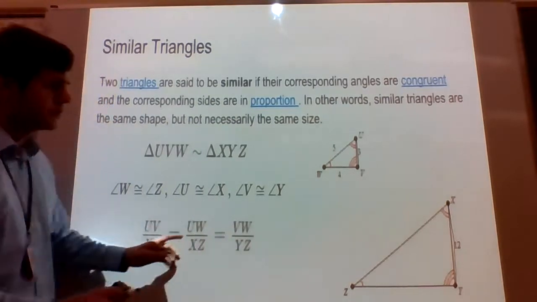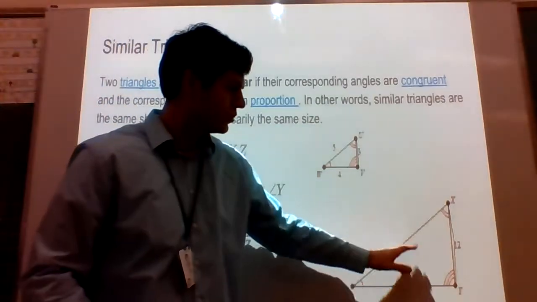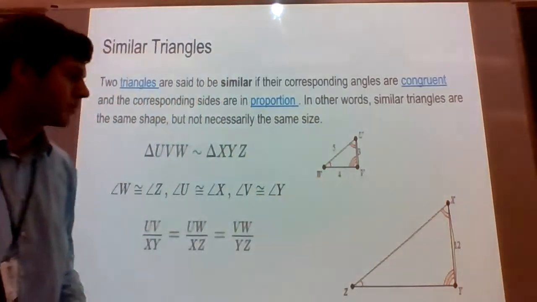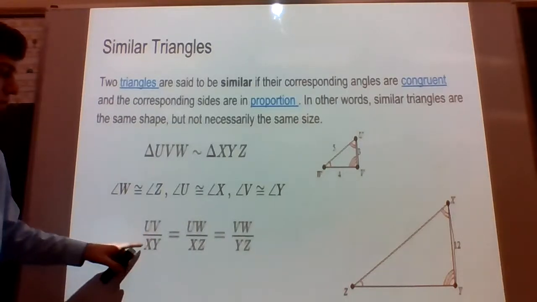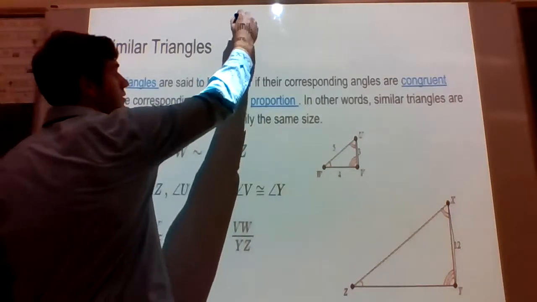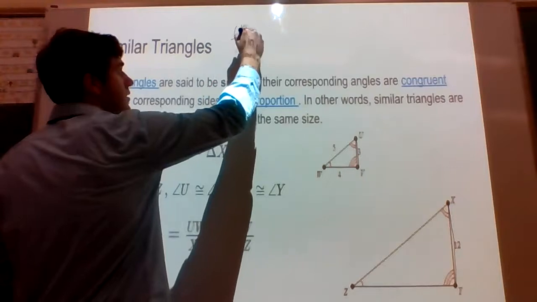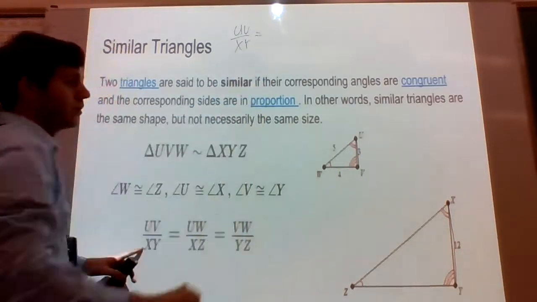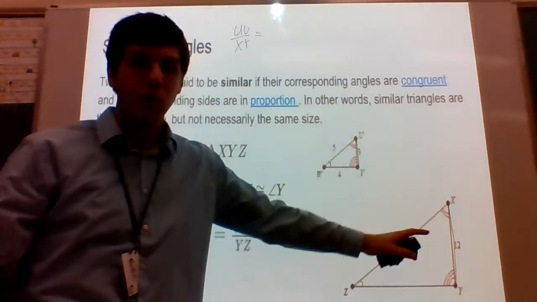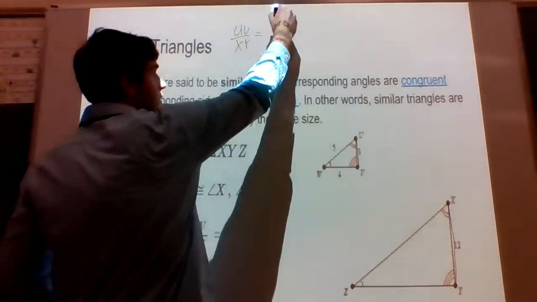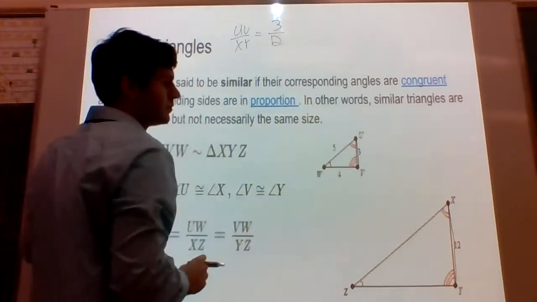So let's find, in this triangle, what these two pieces would be. So we know UV over XY. Let's find what the ratio is going to be. Well, we know UV is 3 and XY is 12. So we're going to have 3 over 12.